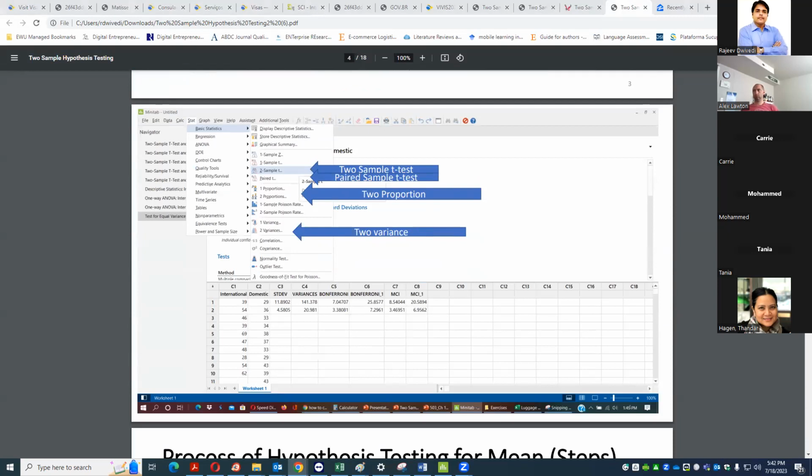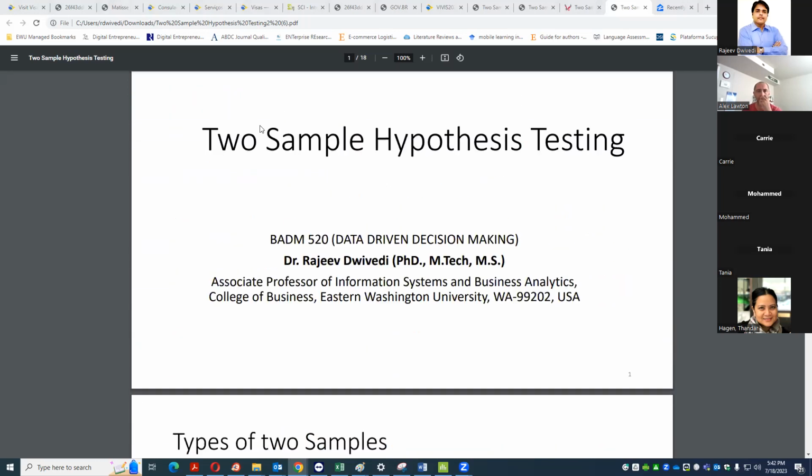Can we do a two sample Z test? No, we don't have it, because we only have samples. We collected the sample of Seattle and the sample of Spokane, and we are going to compare. We don't have any population related information. Is it making sense? That chapter is also two sample hypothesis testing.